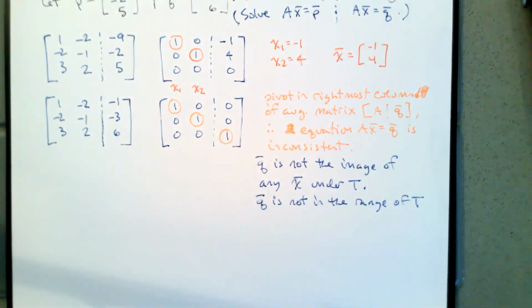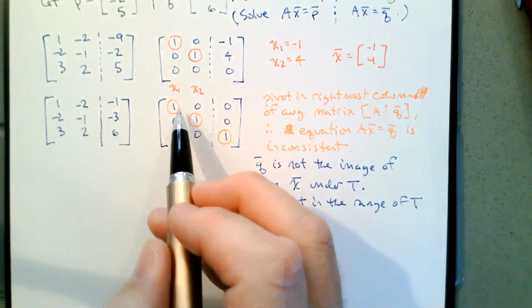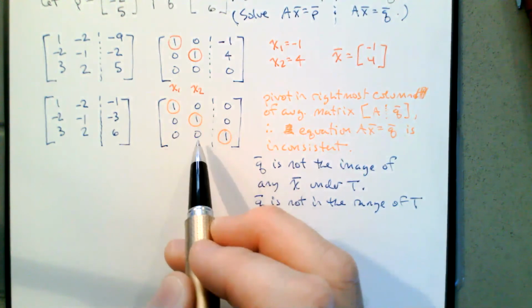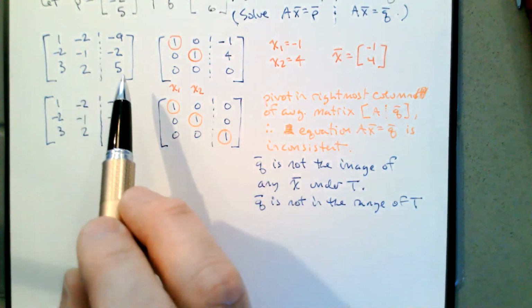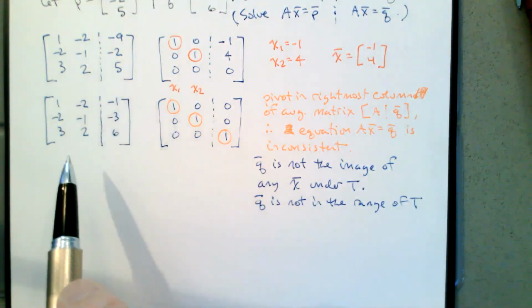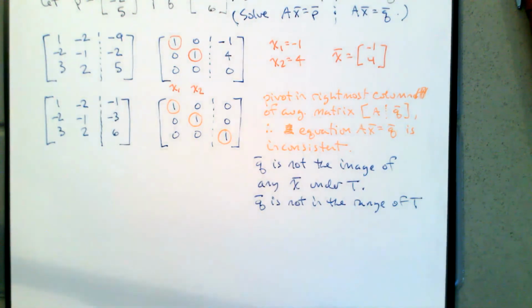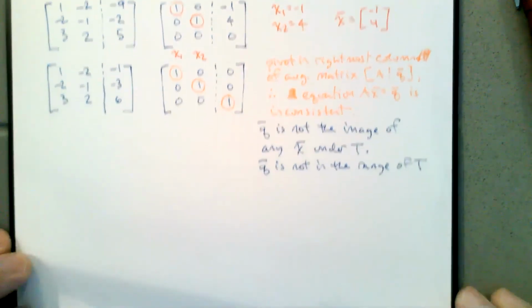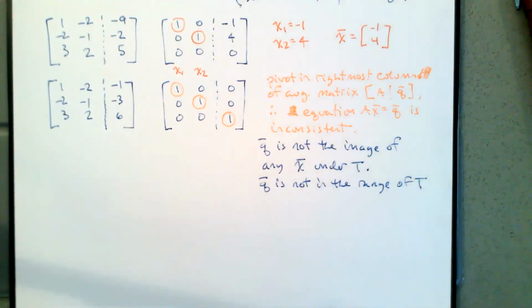One quick DVD bonus material here. Notice that the row operations that transform the matrix with columns 1, -2, 3 and -2, 1, -1, 2 into 1, 0, 0 and 0, 1, 0, when I was solving Ax equals P, I performed the same row operations as I was performing for Ax equals Q. So if we know we're going to be solving both of these equations, one thing we might want to do is just augment our augmented matrix.